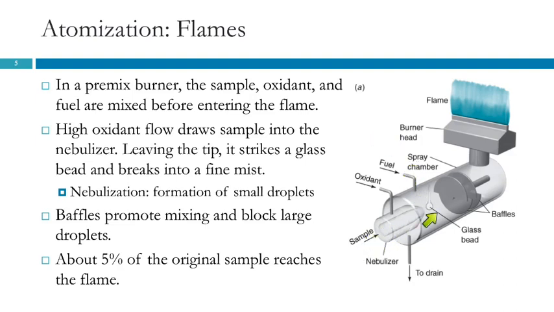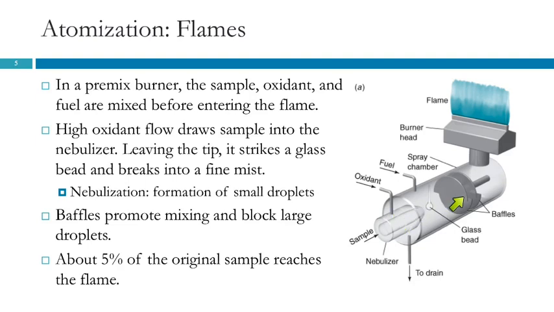As the sample gets pulled through the nebulizer, it hits a glass bead, and it breaks into a fine mist of droplets. It's called a nebulizer because it nebulizes the solution: nebulization, formation of small droplets. Then there are some baffles, and what these baffles do is disrupt the flow of the gases, which causes more mixing, and they also serve to block large droplets.